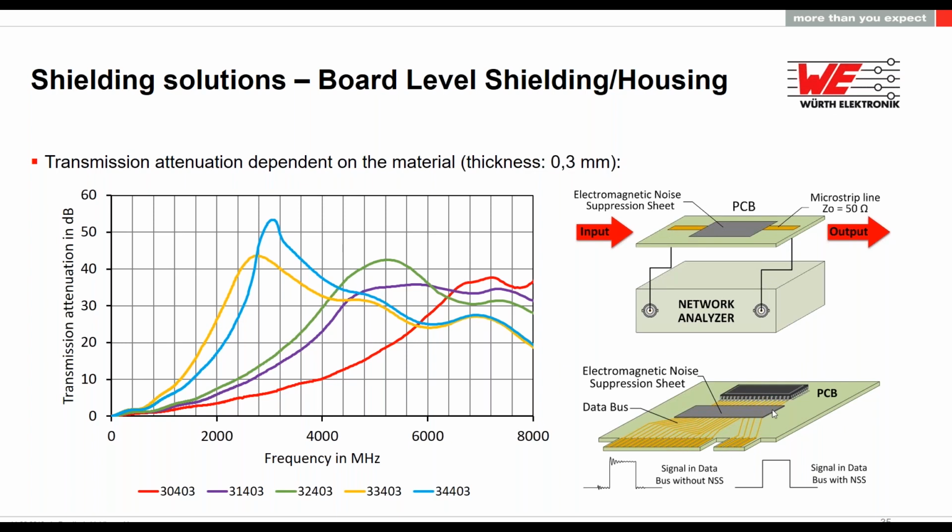This can be used also on flat wire, on flat cables. So this is the attenuation achieved. For example, we can see between 2 gigahertz and 4 gigahertz, even with some of them, we can achieve more than 40 dBs of attenuation. This is directly filtering of the traces, data bus, CAN bus, or some parts of the PCB.